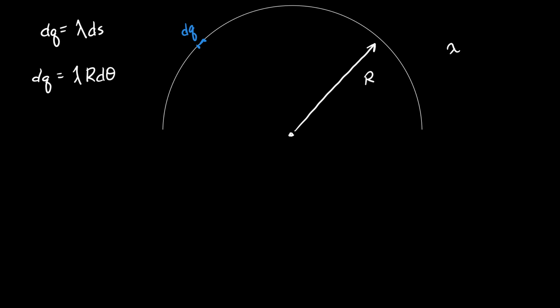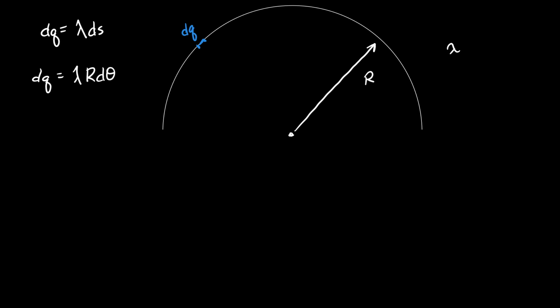Now, if they asked another question, what is the charge on this arc of charge? Can you give me an expression for it? It has to be in terms of lambda.